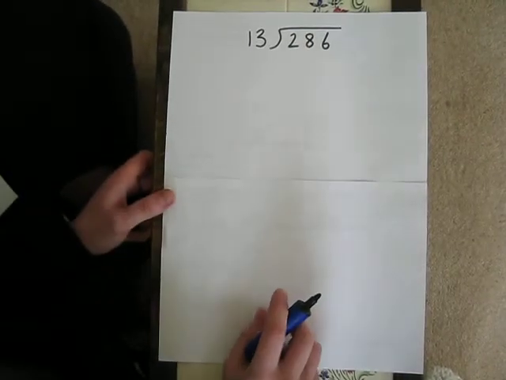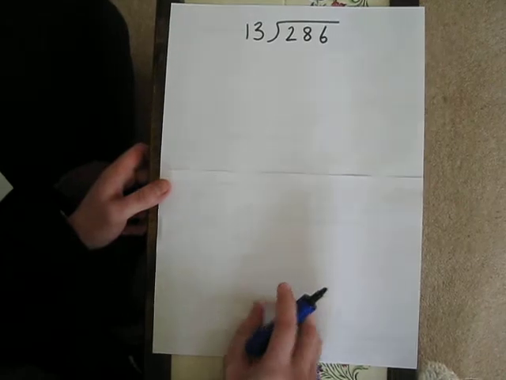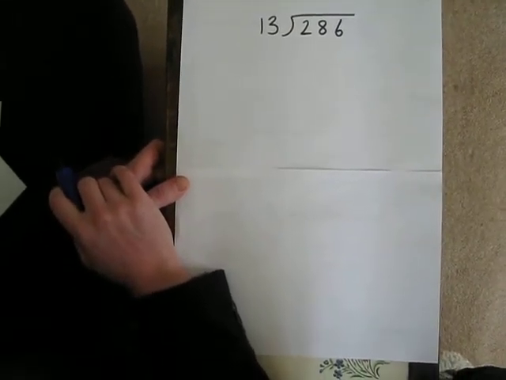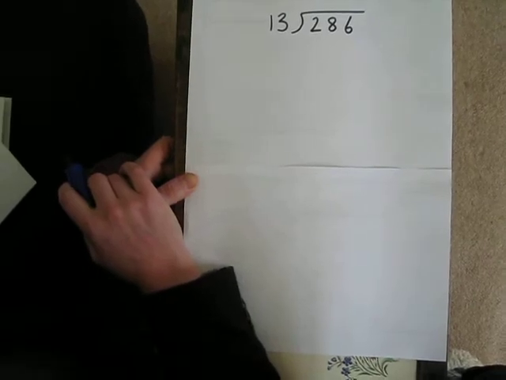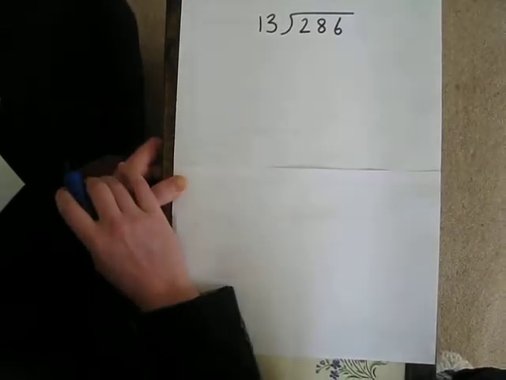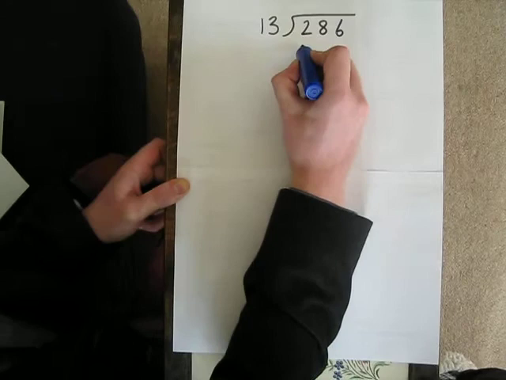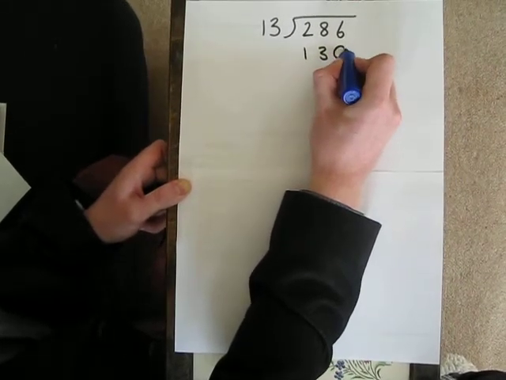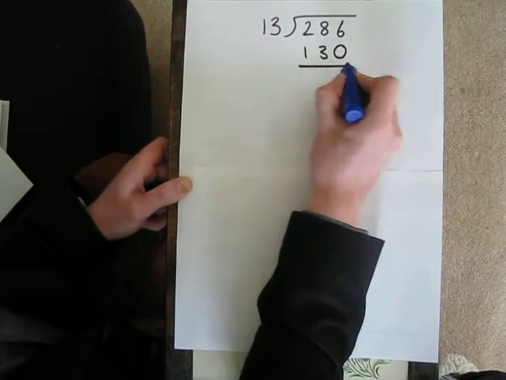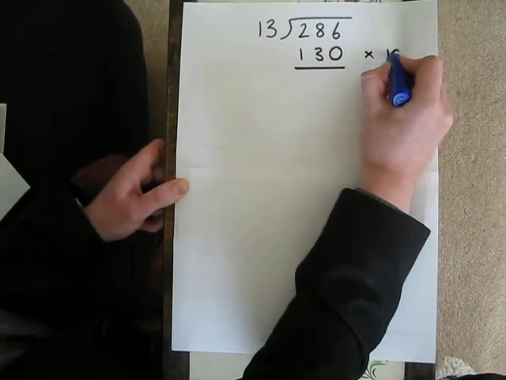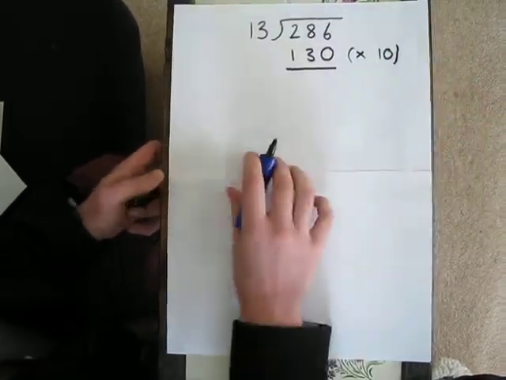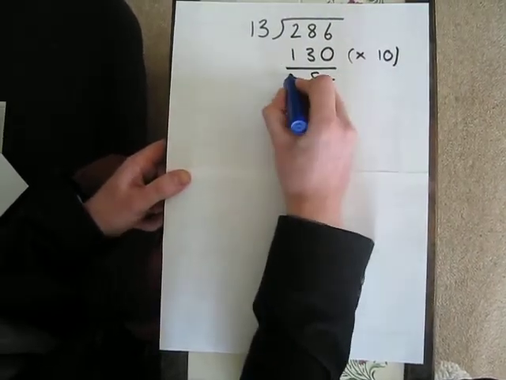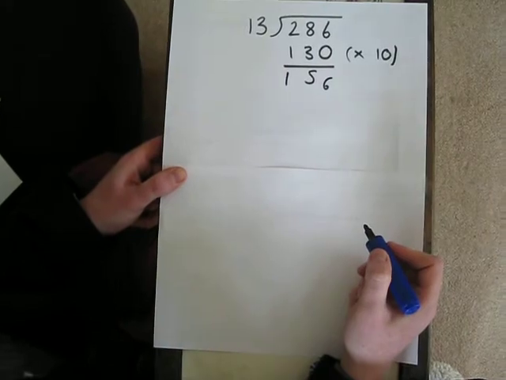What we want to do here, using the chunking method, is think, well, how many times will 13 fit into 286? Well, I know that if I take off 10 lots of 13, which would equate to 130, this is going to leave me a total of 156.